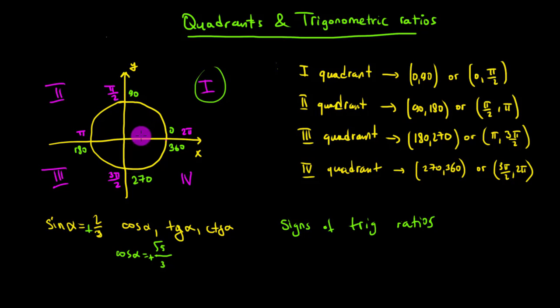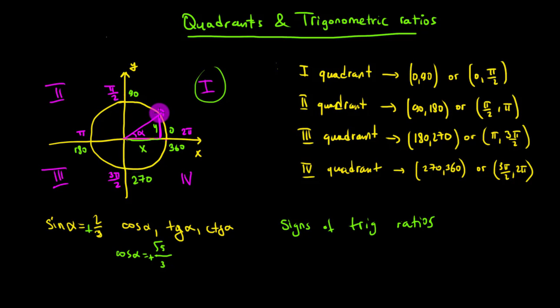So let's look here. Let's say that alpha is around here. If you make a right triangle this way, you can call this side x, because it is on the x-axis, and this one you can call y.